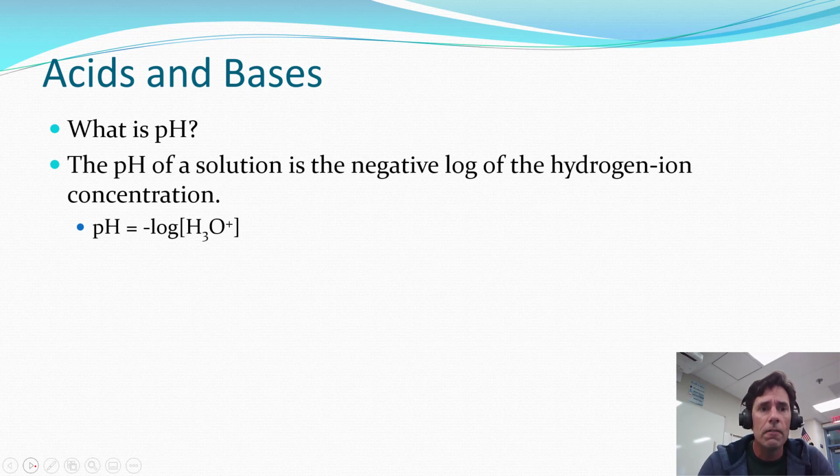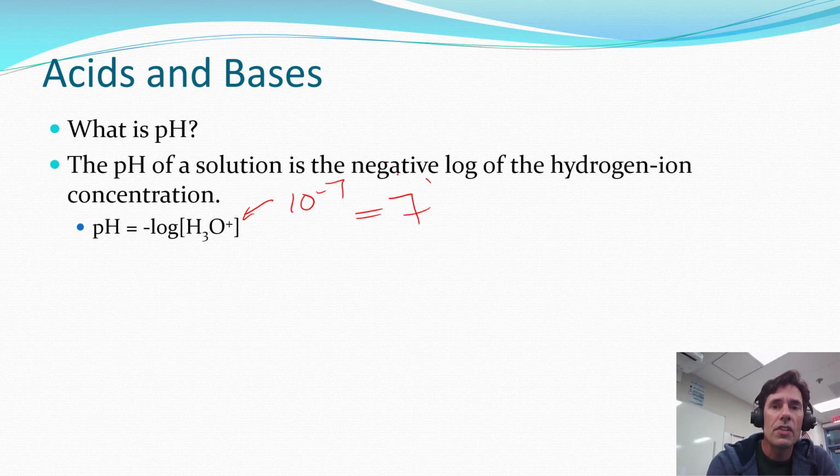And if, for example, let's say the hydrogen ion concentration is 10 to the negative 7th, ladies and gentlemen, the negative log of 10 to the negative 7th equals 7. Oh yeah, I just said that, 7. That is what we consider to be neutral. So what if the hydrogen ion concentration was, for example, equal to 10 to the negative 3rd?